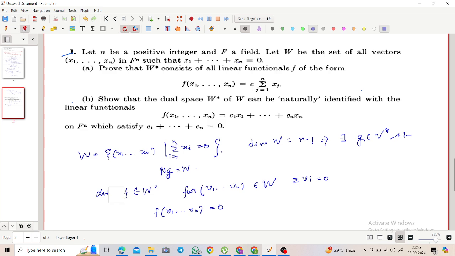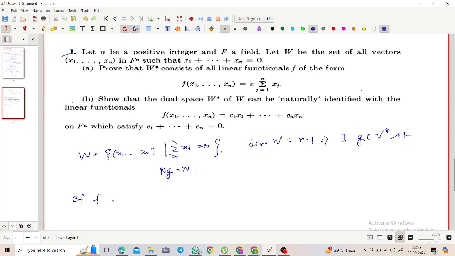I think we should try to prove it in this way. If f of x1, x2, ..., xn is c times the summation of xi, i running from 1 to n, then f belongs to W naught. It is true, right? Because if x1, ..., xn is in W, then the summation of xi is 0. So f of this is 0, so f is in W naught. So one part is obvious, right?